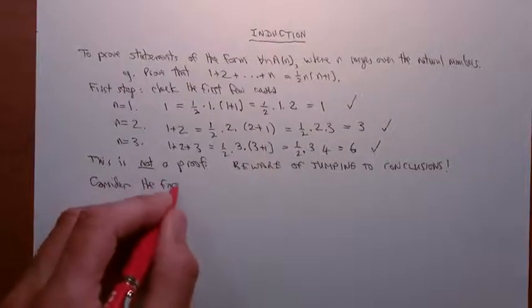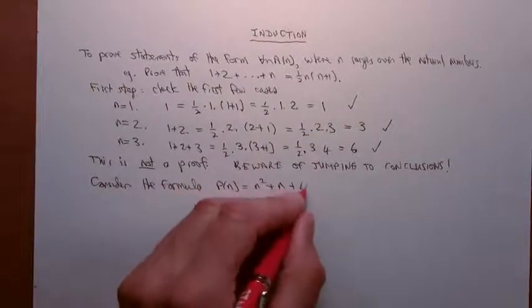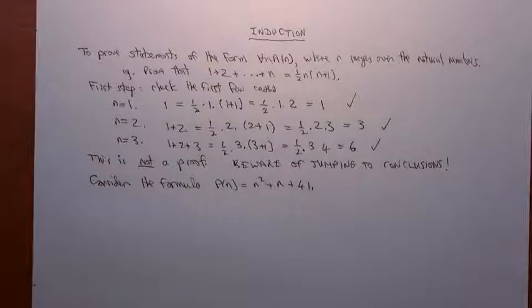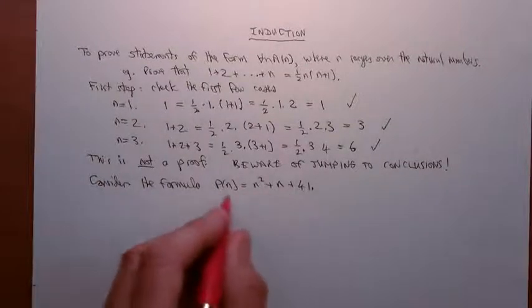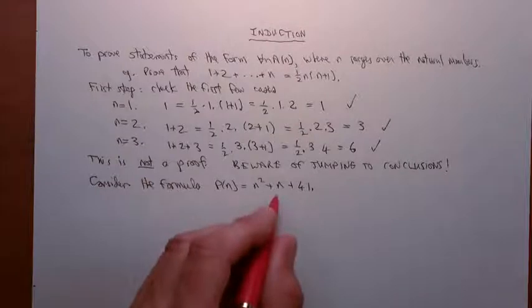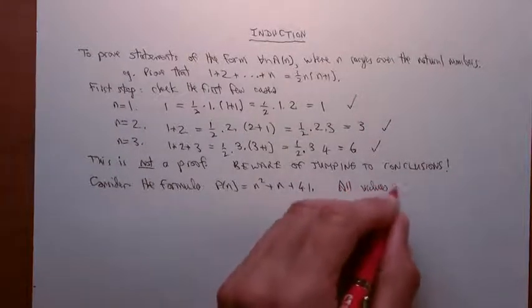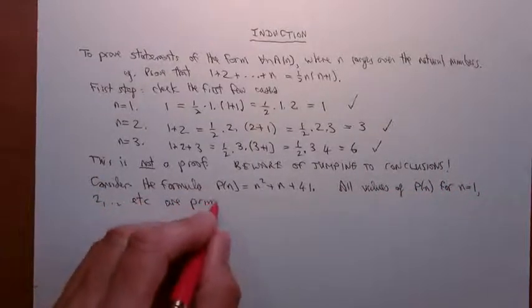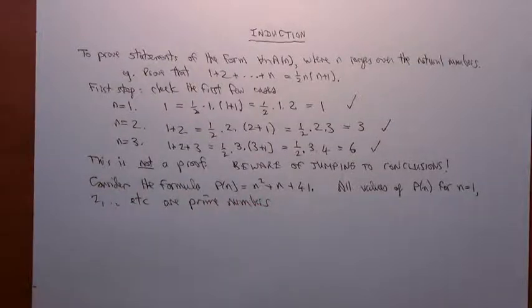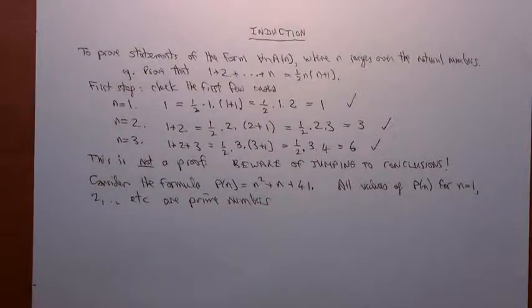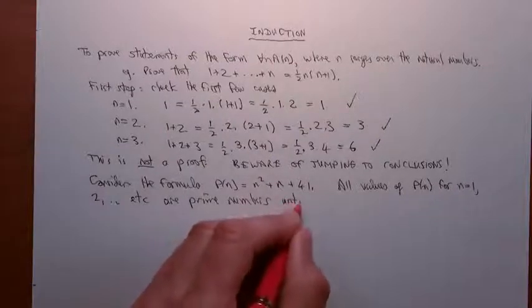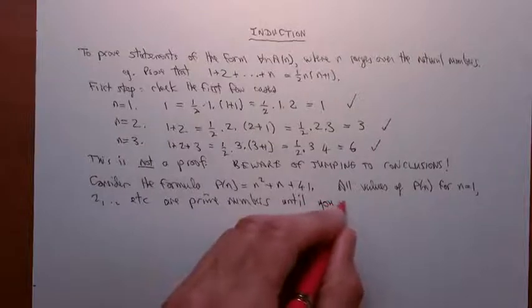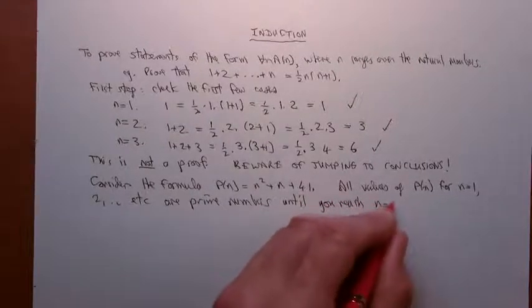Consider the formula Pn equals n squared plus n plus 41. If you start working out values for this formula, you find something rather interesting. You find that all values of Pn for n equals 1, 2, 3, etc. are prime numbers. Well, not quite. That's true until you reach n equals 41.